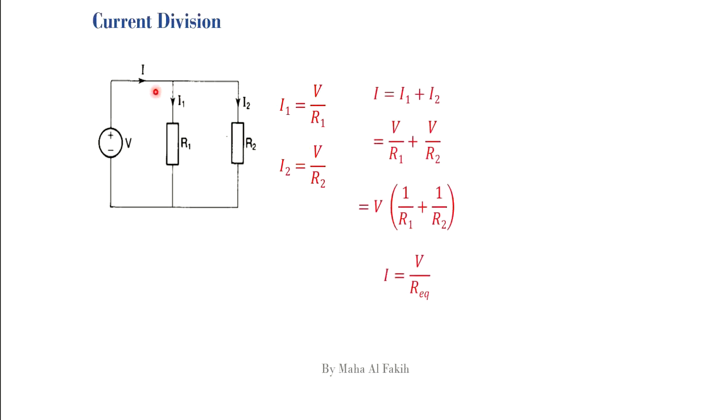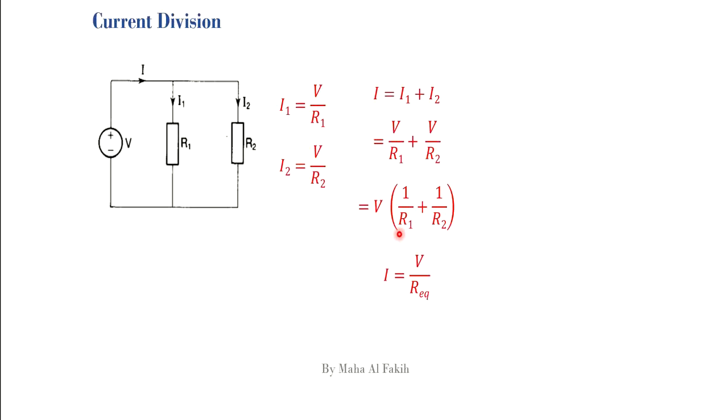The main current I is equal to I1 plus I2, which is equal to V over R1 plus V over R2. Taking V in common, I is equal to V into 1 over R1 plus 1 over R2.